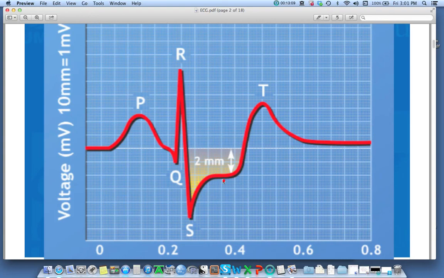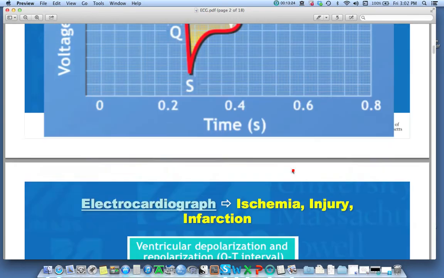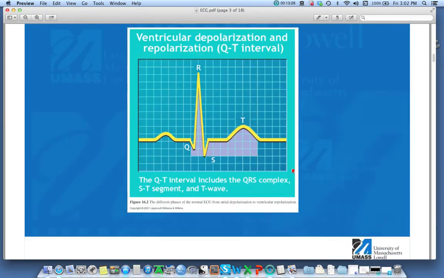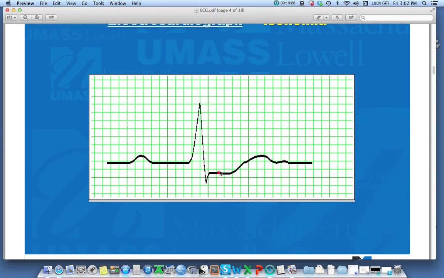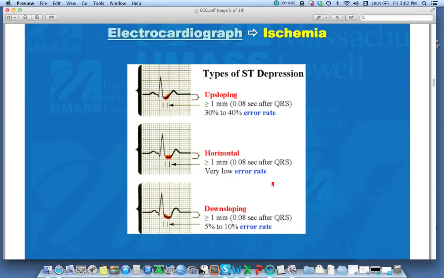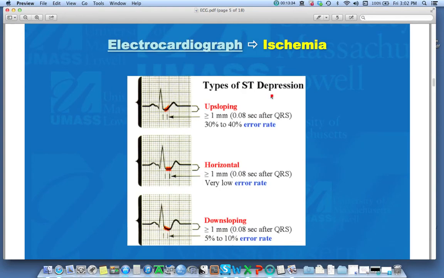The lower it is, the less likely it's a false positive. The lower the ST segment, the less likely it is a false positive. Another sign, we have reduced ST segment. Here we see that there are different types of ST depression.